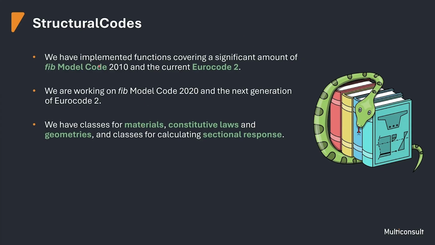So whereas the design code stuff up here is kind of the foundation for the library, these classes, as we'll see in the demonstration, I believe are what constitutes the X factor of this library. So this is where we use material from the codes in order to calculate sectional responses, for example.